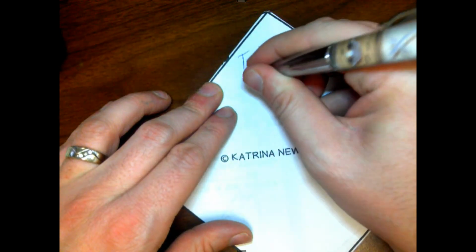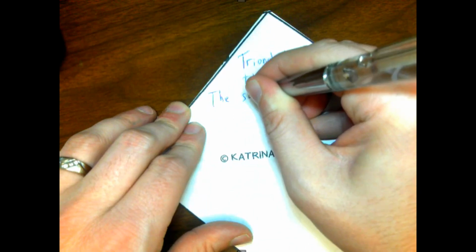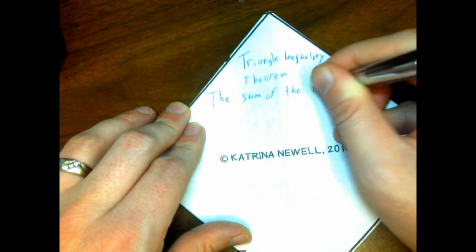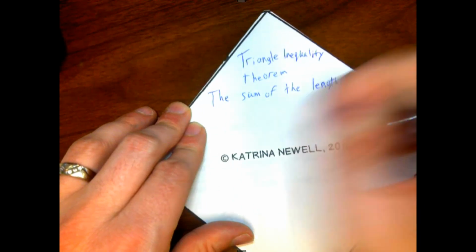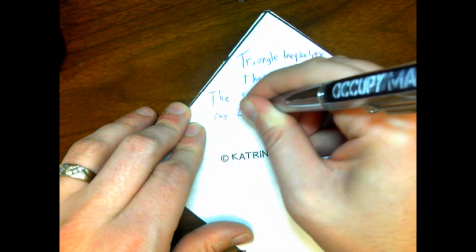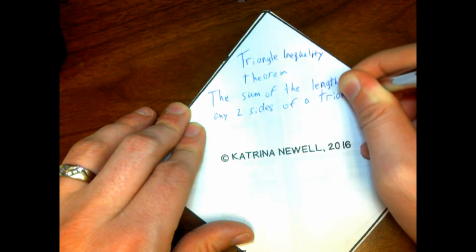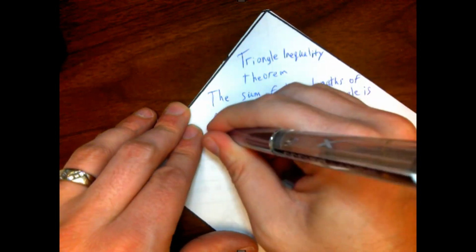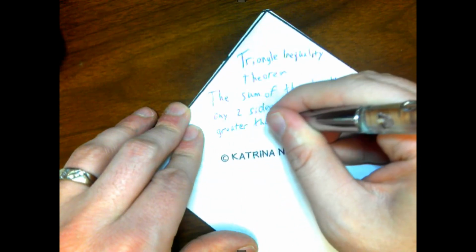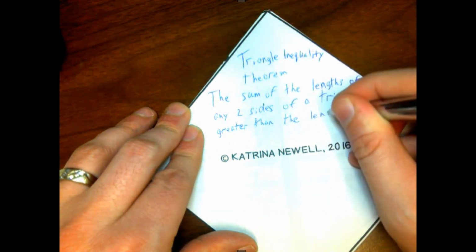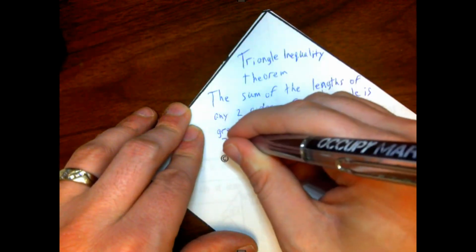The triangle inequality theorem: the sum of the lengths of any 2 sides of a triangle is greater than the length of the third side.